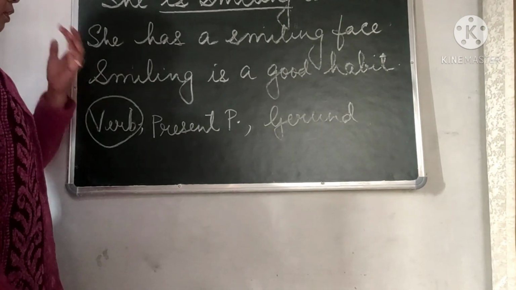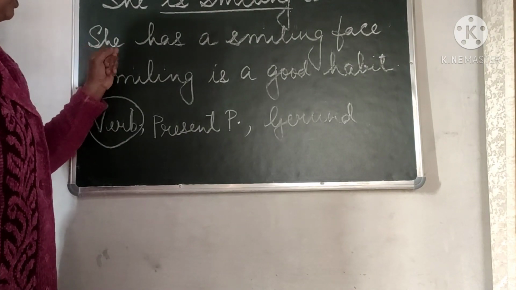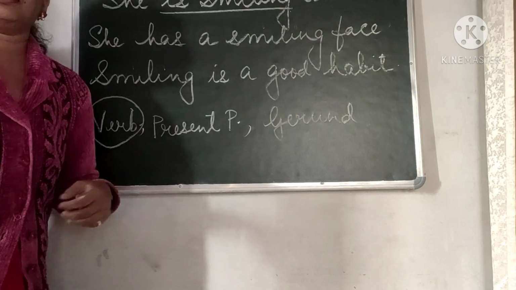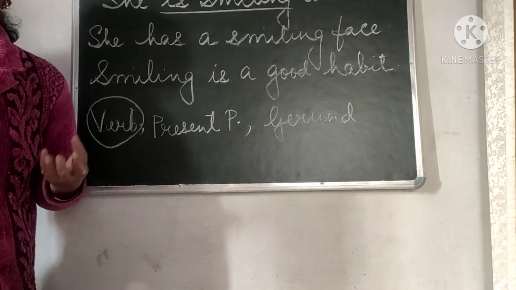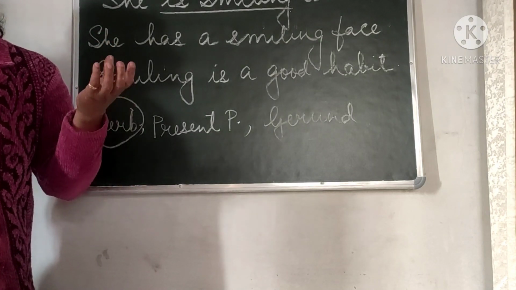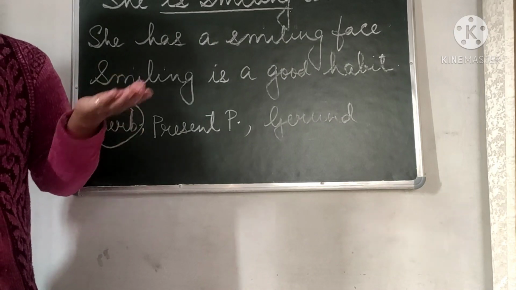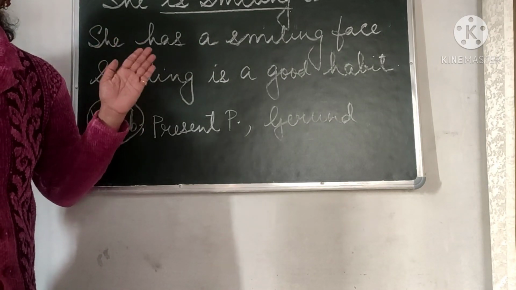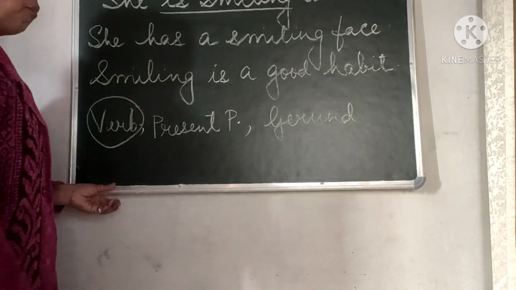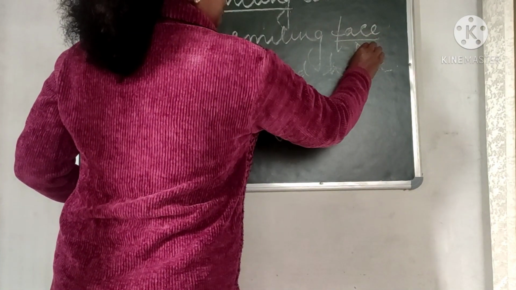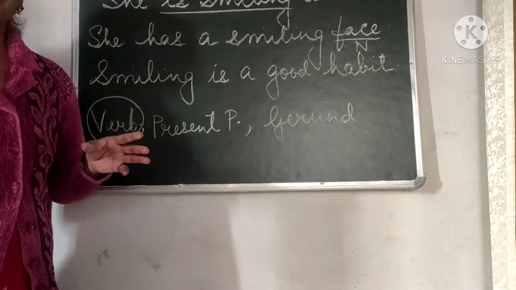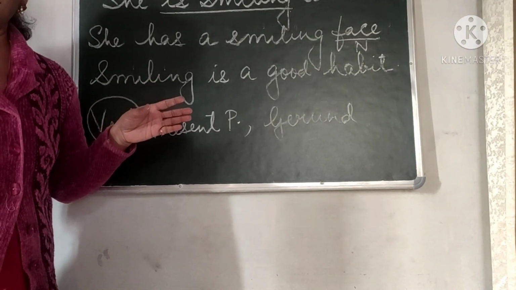Then the second sentence, you see, she has a smiling face. Now this smiling is actually describing what? It is describing a face. What type of face is she having? She is having a smiling face. And face is a noun. Remember, face is a noun. So the word which describes a noun is known as your adjective.